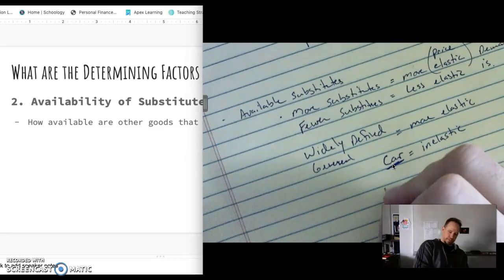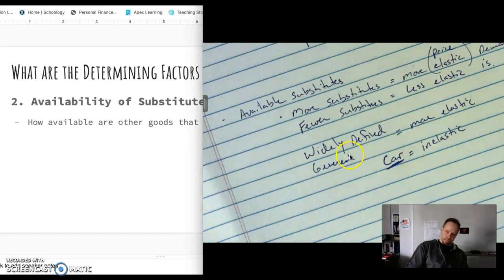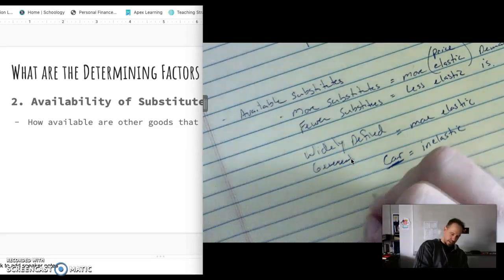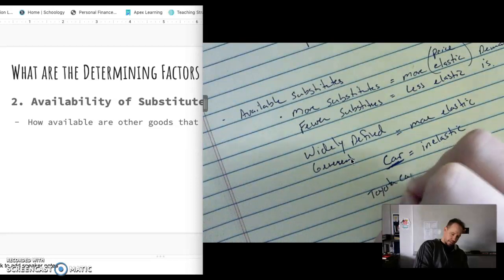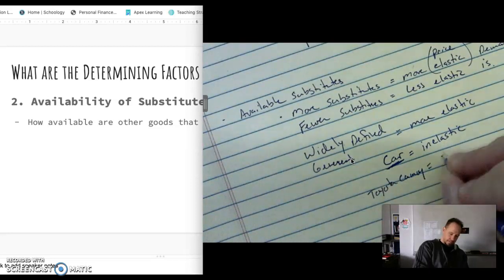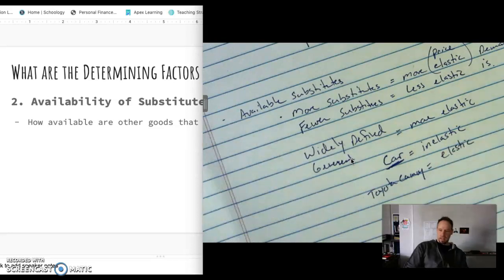If you define this very specifically, the opposite of generally, let's just say a Toyota Camry. A Toyota Camry has a lot of substitutes. You could go to a Honda Accord, Nissan Maxima, and on down the line.